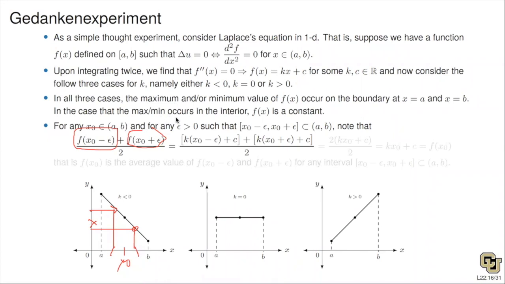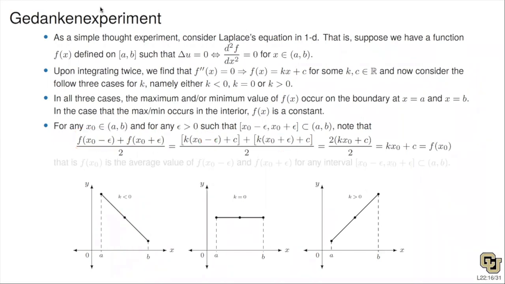The function is just kx plus c. So I plug in, and here, this minus epsilon and this plus epsilon cancel. Everything else doubles up, but we're dividing by 2. So you get back the average value is the point in the middle.